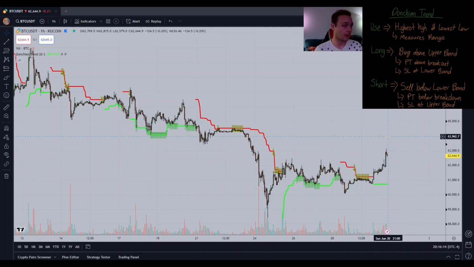If we're going short, we want to see a clear break underneath this red line, and we're staying underneath that. The price target is going to be somewhere beneath the breakdown, and the stop loss will probably be a little bit above, around 65,000, to give ourselves a little bit of room.